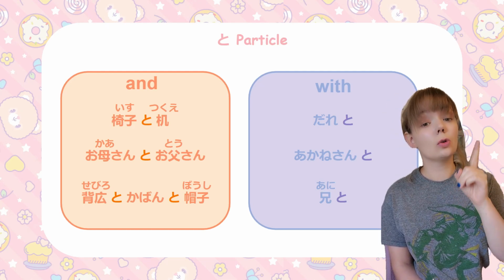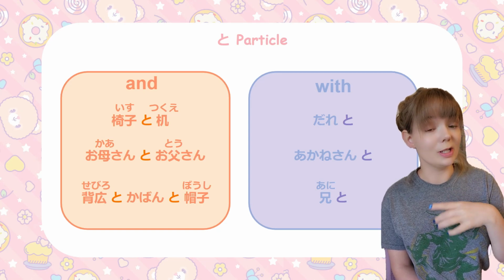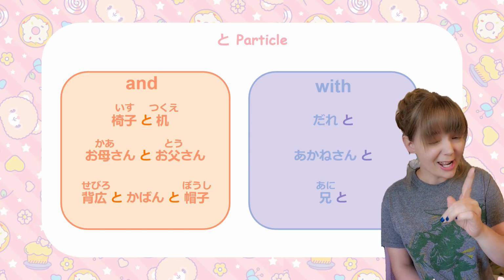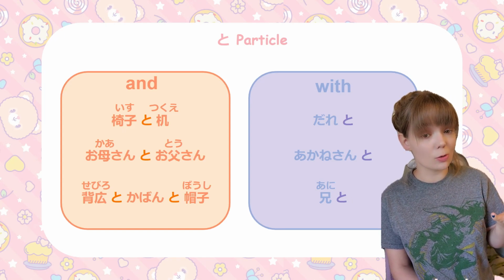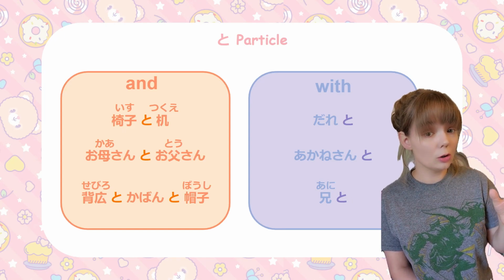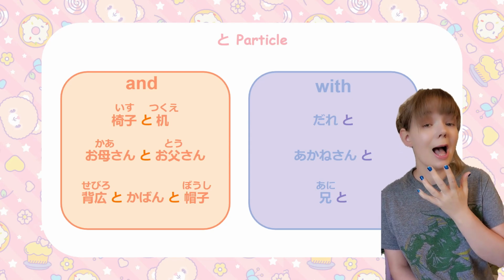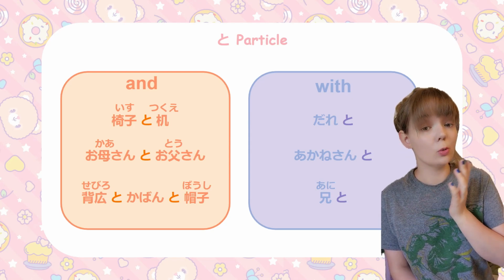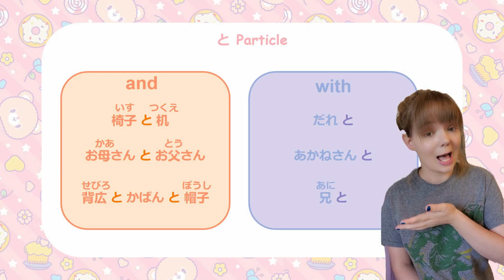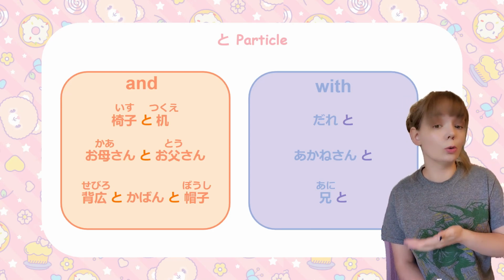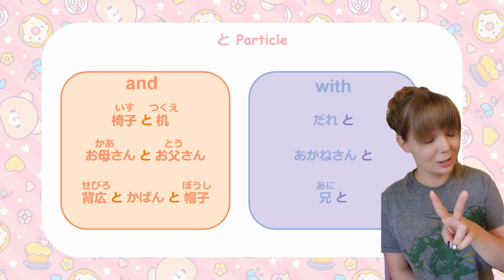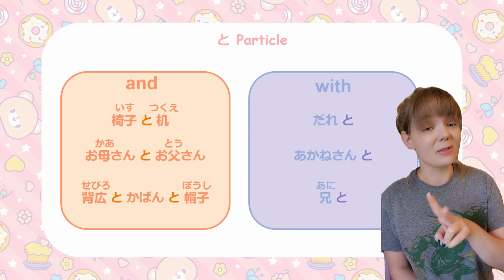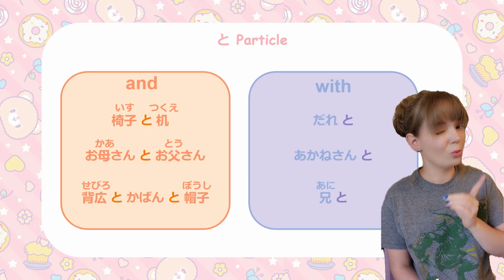But to is also used to mean with. When to means with, it will come after the noun. So, dare to would be with who. Akane-san to would be with Akane-san. Ani to, with my older brother. So, if it's between two nouns, it is and. If it's after a noun, it's with.